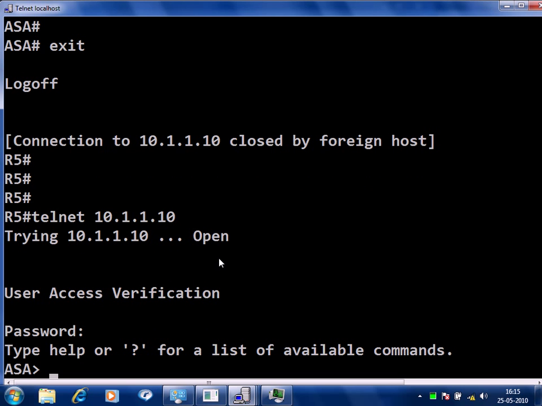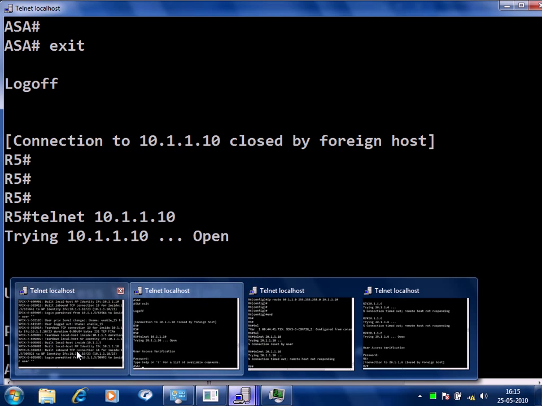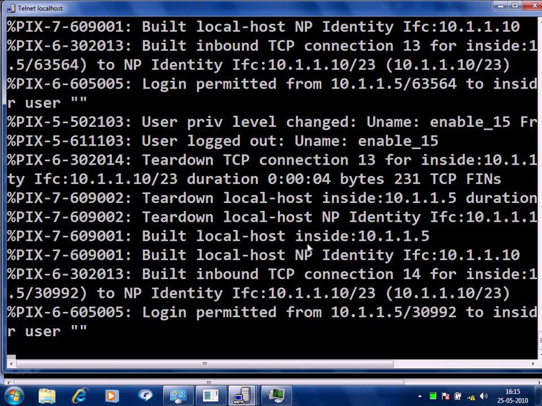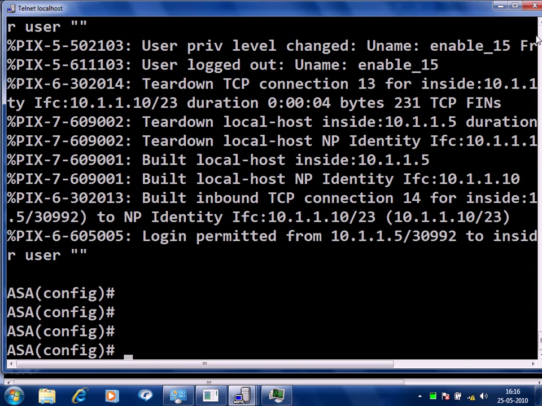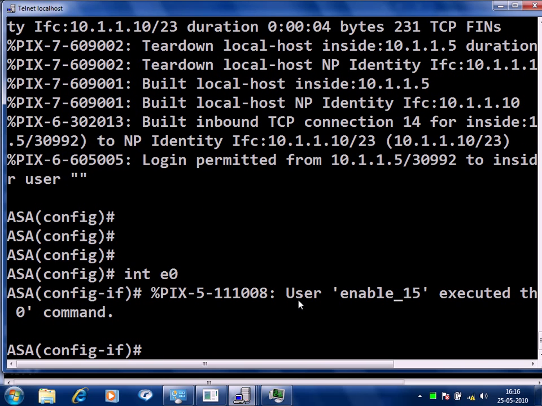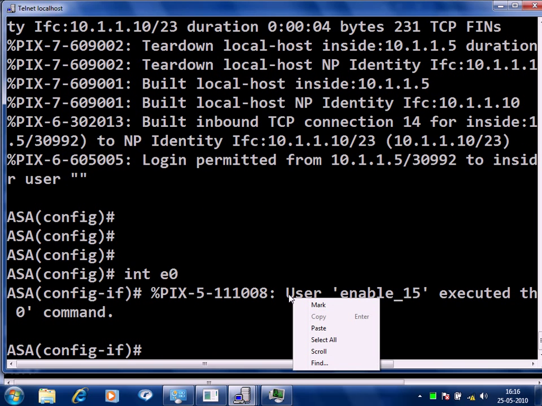It was a plain new ASA. Default password is Cisco. What is the default user I am in ASA? Enable underscore 15. Let's see, user enable.